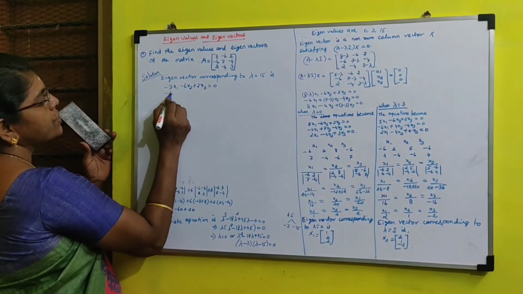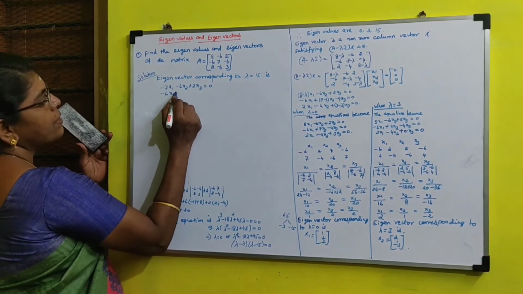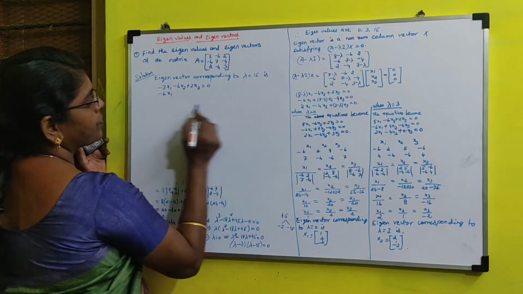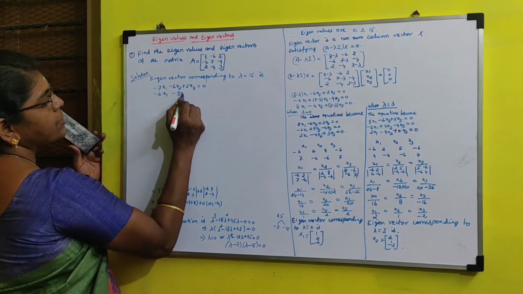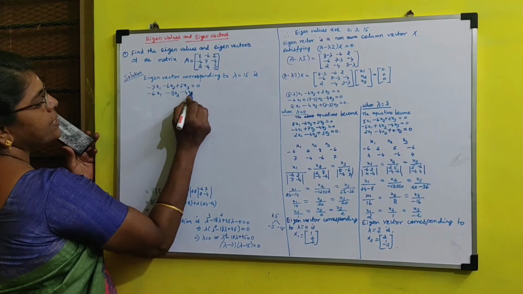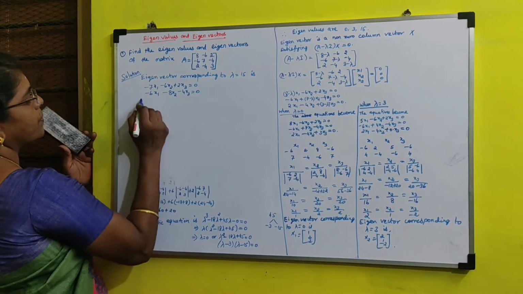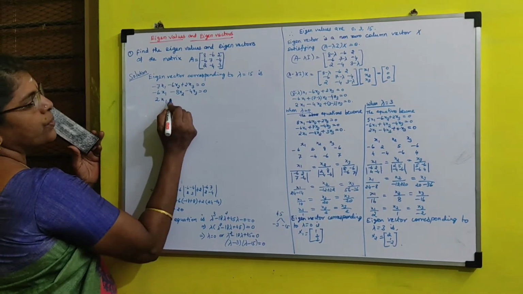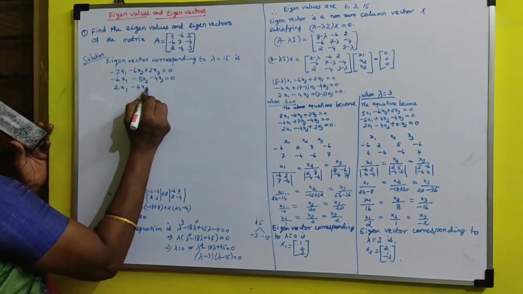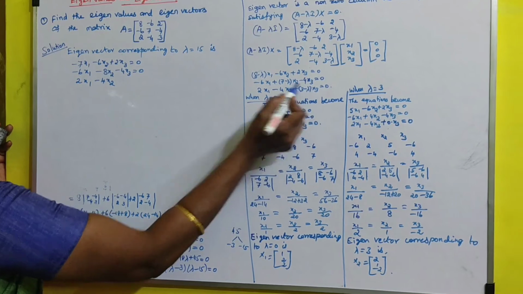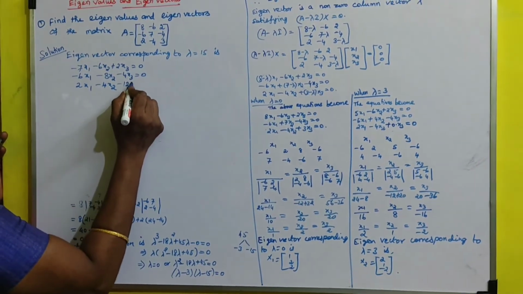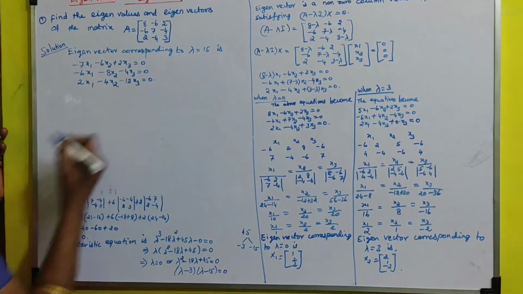In the second equation, minus 6x1, here 7 minus 15, so minus 8x2, minus 4x3 equal to 0. Third equation: 2x1 minus 4x2, 3 minus 15, minus 12x3 equal to 0.